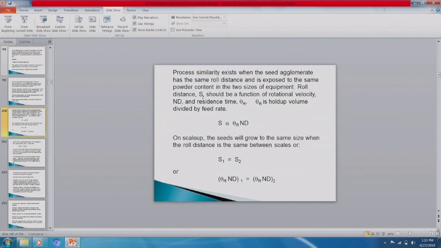Anyway, if I take residence time and multiply by the velocity, I get distance. And distance correlates to size. So I should have particle size equal to the roll distance, or proportional to roll distance. So to keep the same size on scale up, I want the same roll distance on scale up. So I have scale 1 equaling scale 2, right?